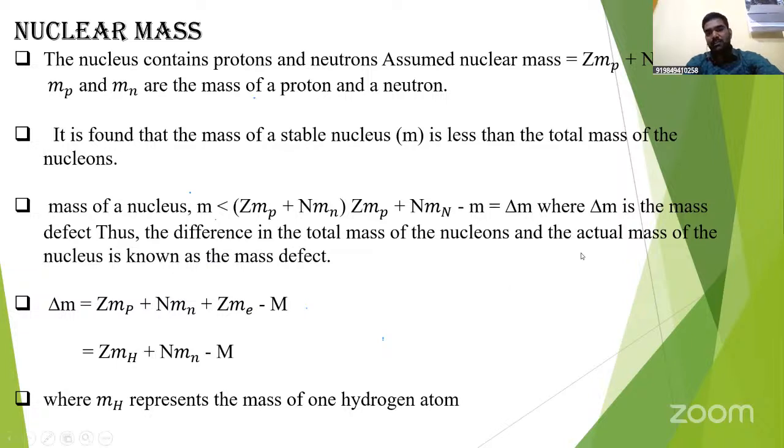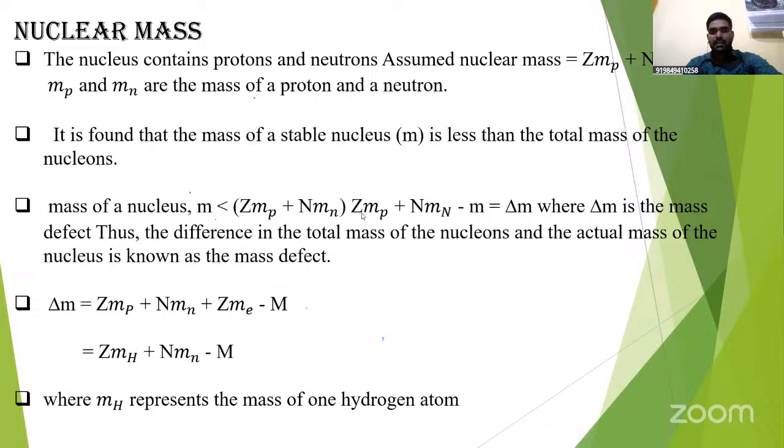You will see that also. So the mass of a nucleus, small m, is less than the mass of the protons plus the mass of the neutrons: the number of protons into mass of proton, and the number of neutrons into mass of neutron.